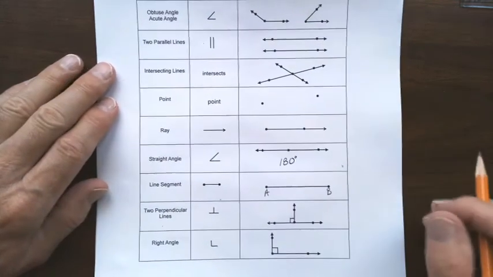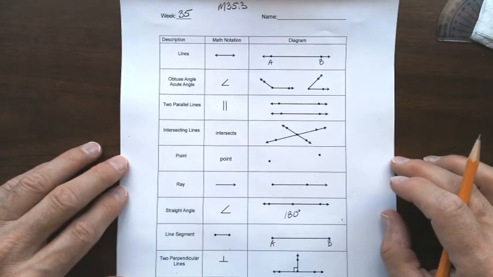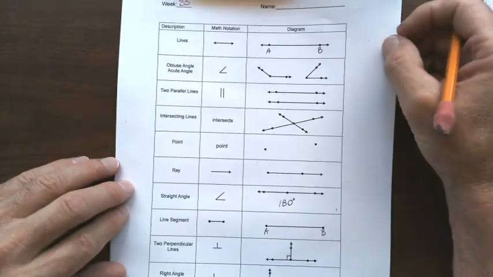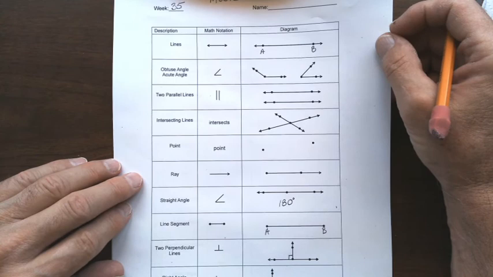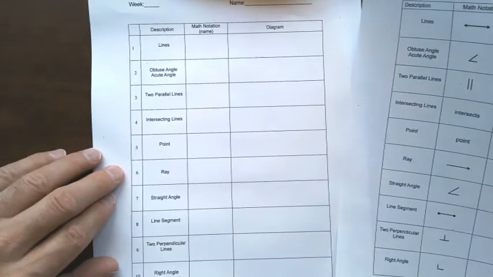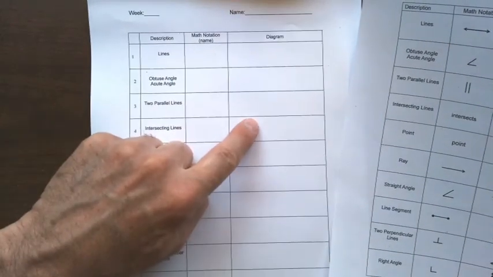So here's all the nomenclature that you're going to need from now through high school for diagramming lines and rays and coming up with angles. And then there's a blank sheet on the back here that asks for the notation and asks for the diagram.